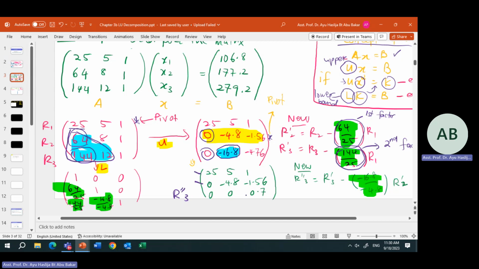Now you need to find the new value for R double prime 3. First, 3, 1 we already have zeros, so nothing much to do about this. Next, we must zero the negative 16.8, so find the new equation where the factor will be negative 16.8 over negative 4.8.